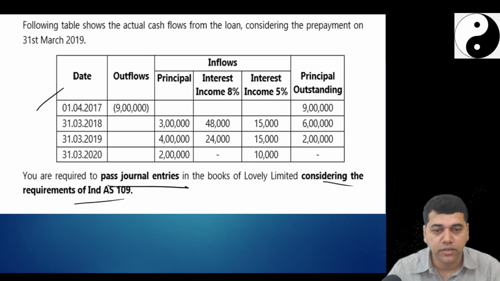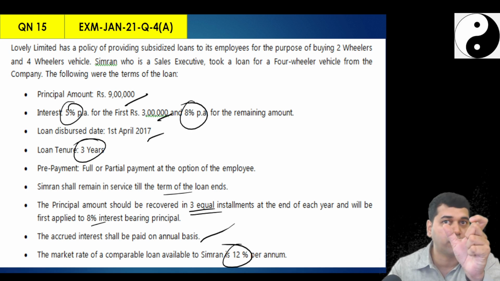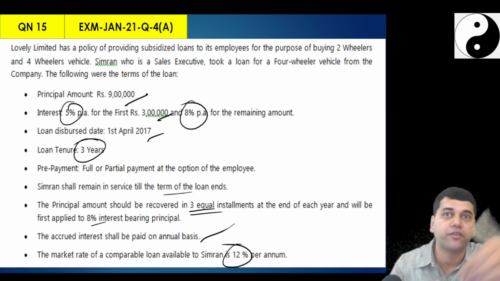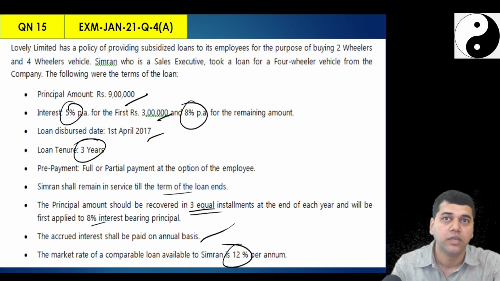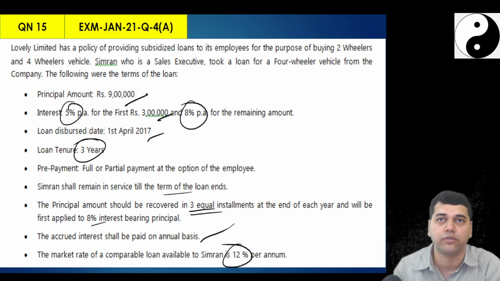Yes, so your doubt is, in this question, she should remain in service till the term of the loan. Yes, that means the discount you get, you can capitalize it, because you are going to get benefits from her. She should stay, no. If this was given regardless of service, whether you stay or not stay, you take this loan.